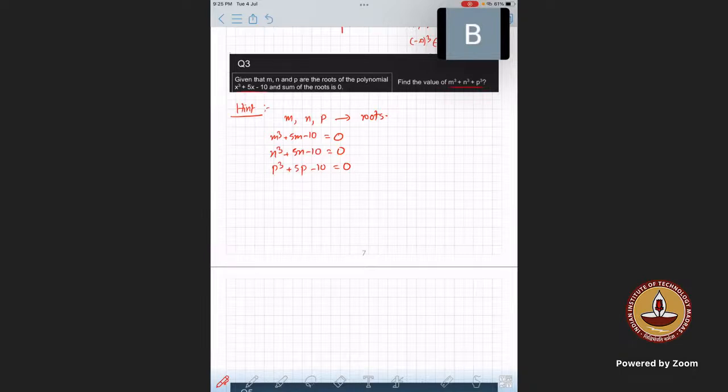Come on, guys. Do this one, very simple.